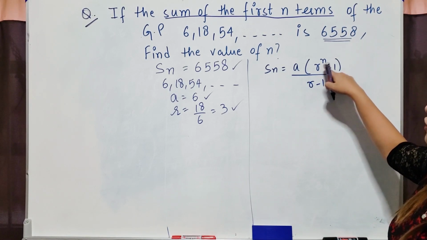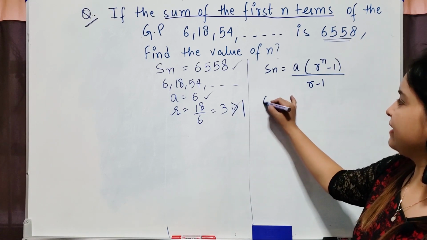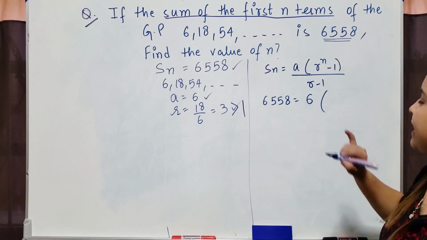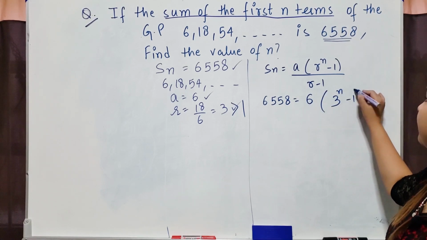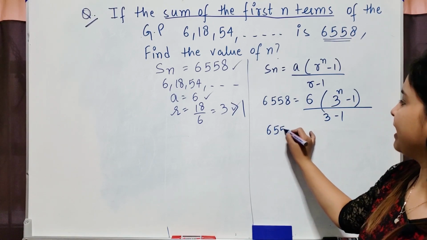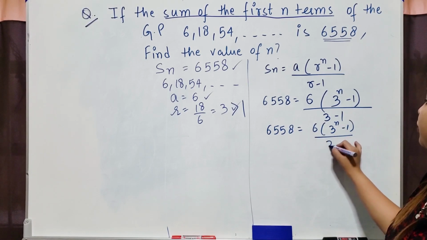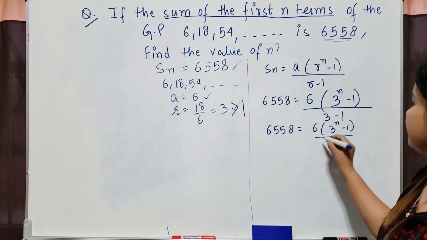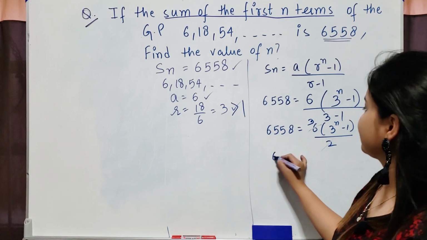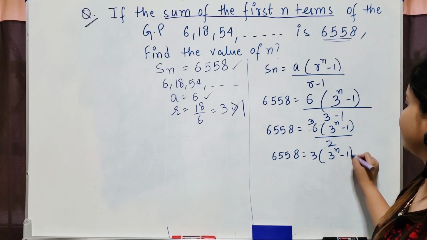I use this formula because my R is greater than 1. Sn, 6558, is equal to A is 6, R is 3, 3 raised to power n minus 1 over 3 minus 1. 6558 is 6, 3 raised to power n minus 1 over 2, cancel, or 6558 is 3 times 3 raised to power n minus 1.